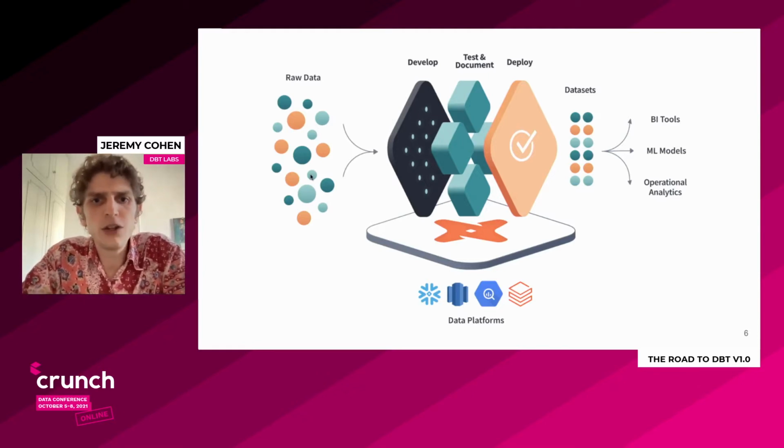It is loaded into the modern data platform, be it Snowflake, be it BigQuery, be it something else. DBT is the framework in which to develop data models, test and document those data models, deploy those data models into production, and then from production, they can go into BI tool of choice, machine learning model training of choice, operational analytics, a reverse ELT solution of choice, and so much more.